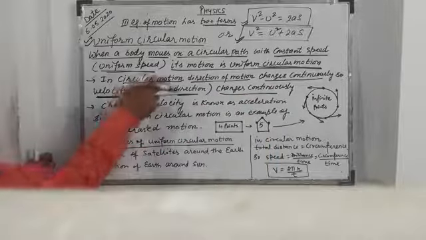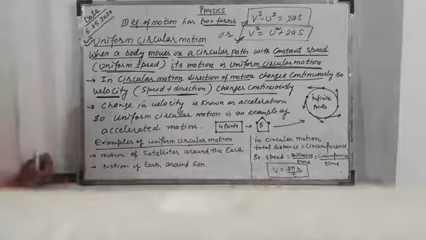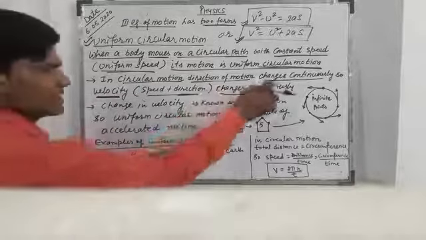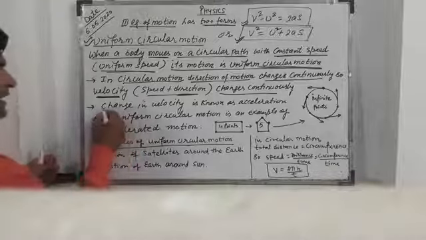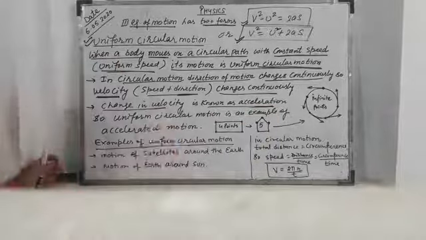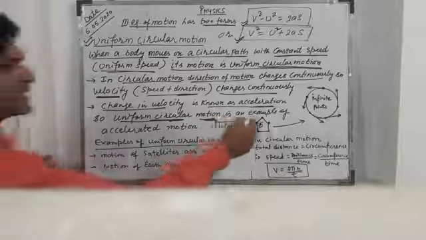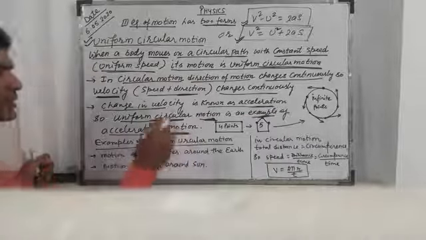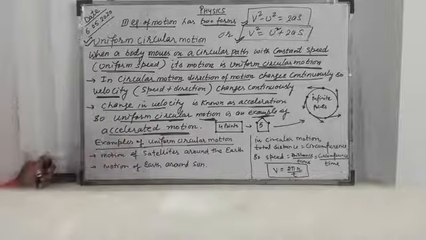Then, change in velocity is known as acceleration. So uniform circular motion is an example of accelerated motion.